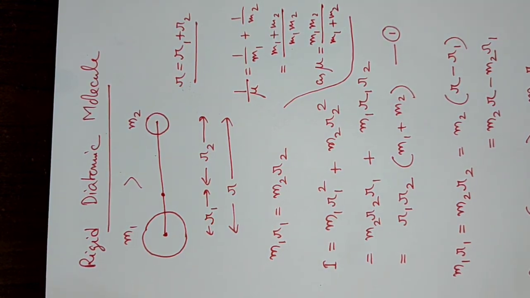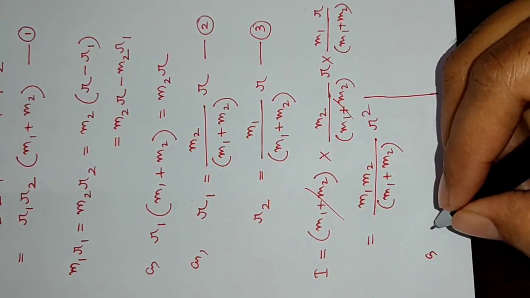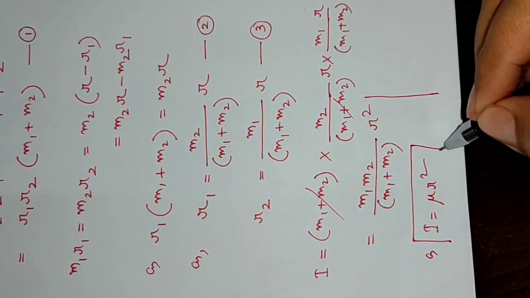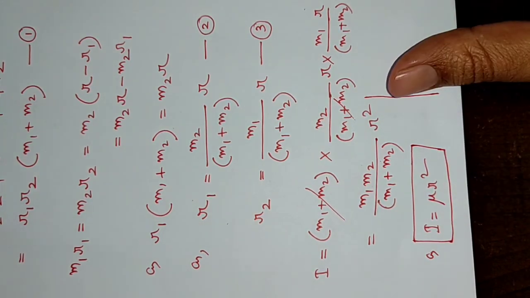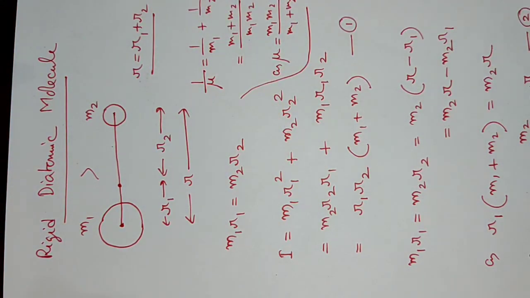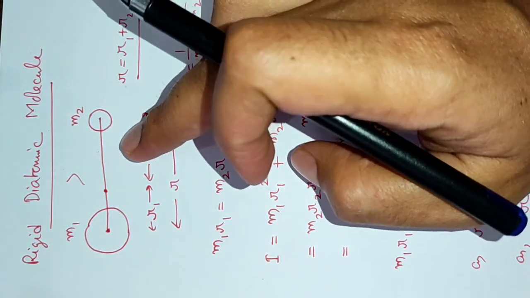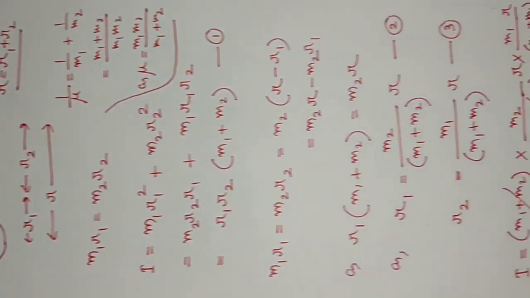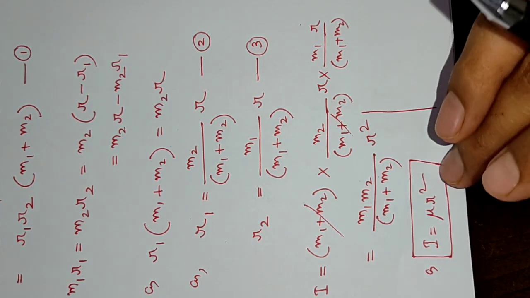So what we have obtained is mu r square, or I equals mu r square. So we are able to express the total moment of inertia for a linear rigid diatomic molecule in terms of the reduced mass and the bond length of the molecule. This will be very helpful in the prediction of the spectral lines. And technically this is the conversion of the two body problem to a single body problem, which will make our life simple.